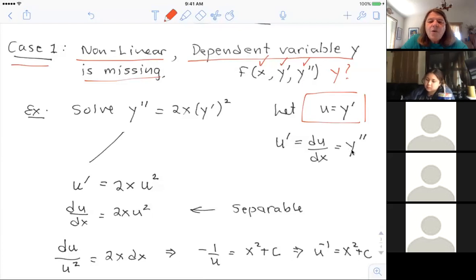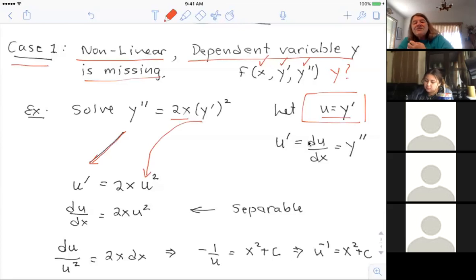I am then going to plug in what I've gotten here. So y double prime was u prime. I'm going to have a 2x. And again, y prime was u, so I'm going to put in u right there for y prime.